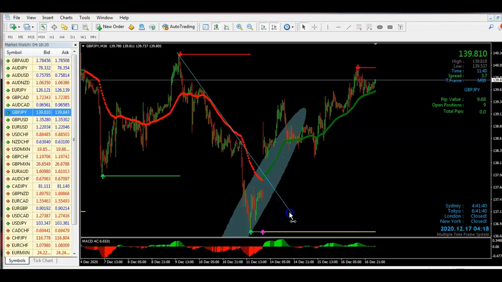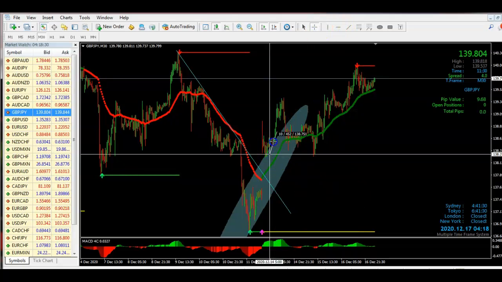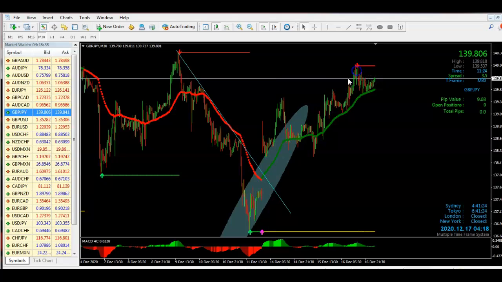If this trend line breaks to the top with the price, I'm going to buy it here. If you were to do that, you will catch at least here 115. If you were to hold it at least here, that's 126. Almost 170 pips so far.